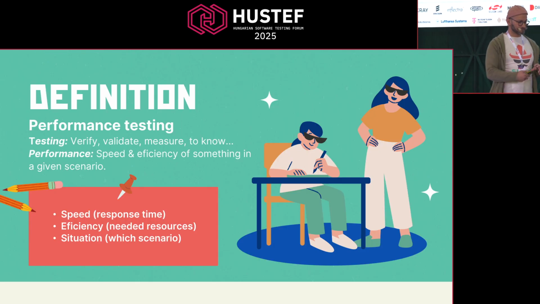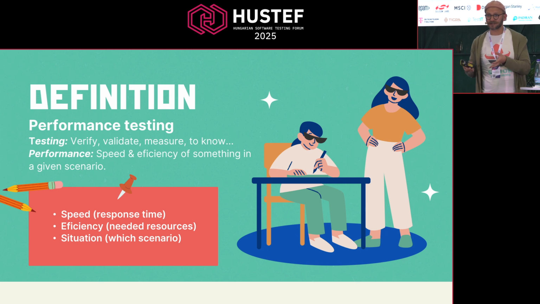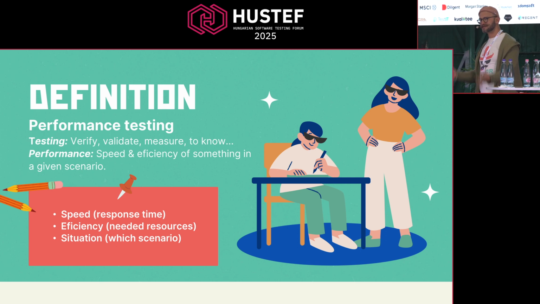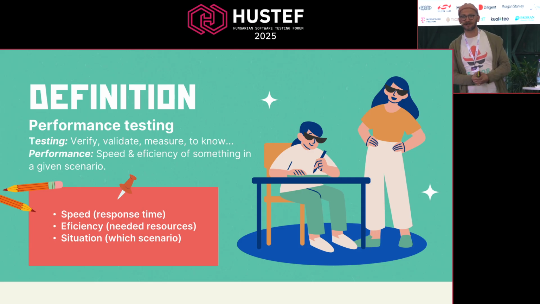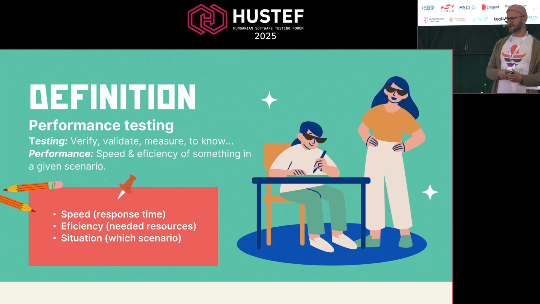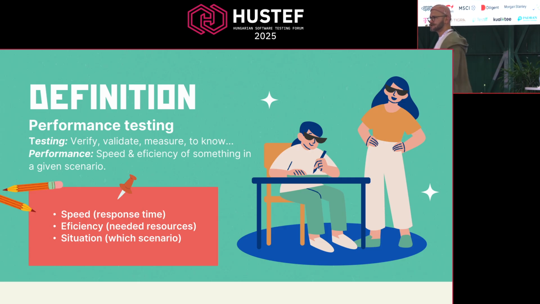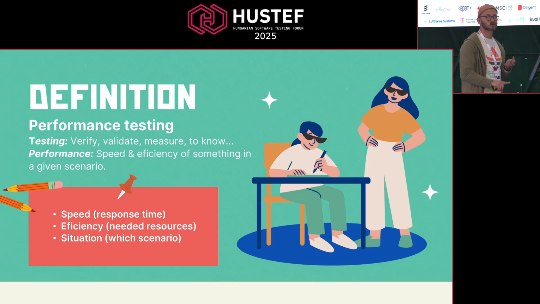Most of us have been doing performance testing or load testing, thinking of it as performance. The definition of testing, and most of us are testers here, is to validate, verify, measure, know something about software. We are software testers. And performance talks about the speed and the efficiency in a given situation.